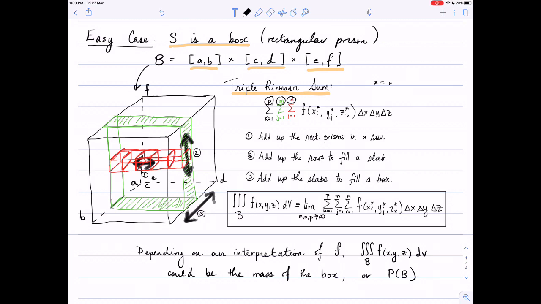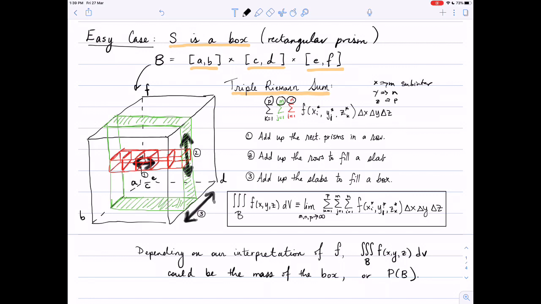m subintervals in the x direction, and intervals in the y direction. So in the y direction, I've written n subintervals, and in the z direction, I would have written p subintervals, right?